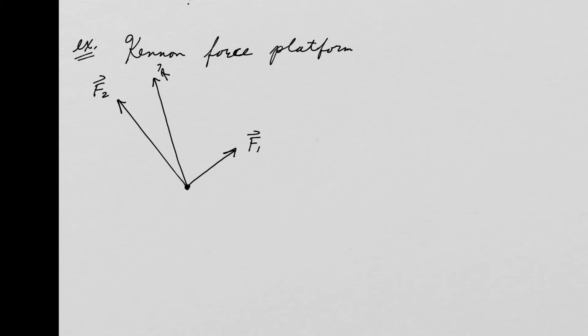But the way that we did that was we basically balanced those two forces with what's called the equilibrant, which was going in this direction. So this is the equilibrant force. And using that information, we want to find the resultant force, which is the R. So the R is our resultant force.